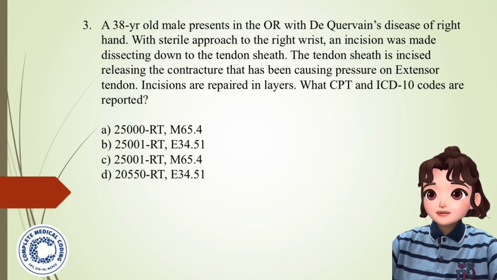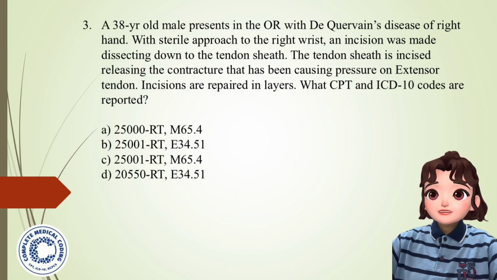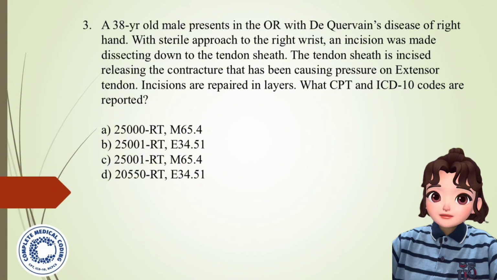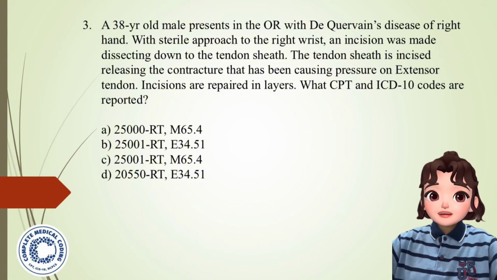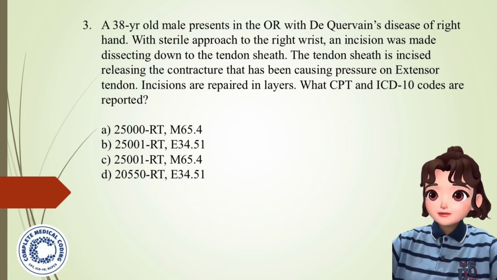What is M65.4? M65.4 is radial styloid tenosynovitis. In brackets it is mentioned de Quervain. In the question it is de Quervain, and our diagnosis is de Quervain. So radial styloid tenosynovitis is another name, and that is the correct ICD code, M65.4.